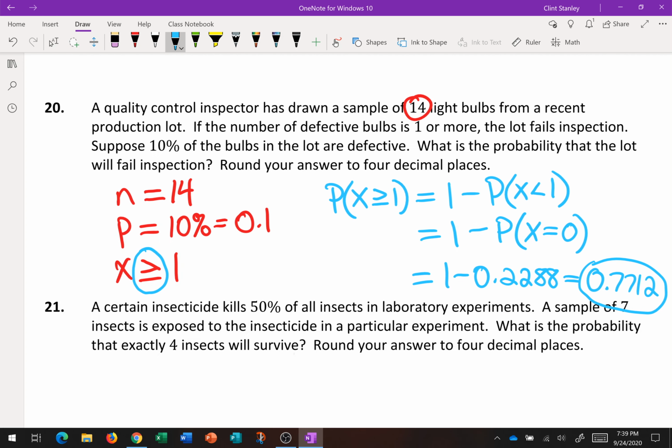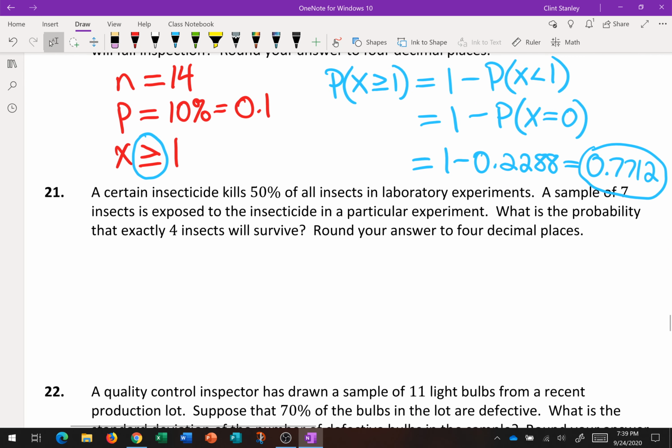All right, let's look at 21. 21 says a certain insecticide kills 50% of all insects in laboratory experiments. A sample of 7 insects is exposed to the insecticide. What is the probability that exactly 4 insects will survive? So in here, we got 7 insects. P, have to be a little careful on this one. It worded this one a little tricky.